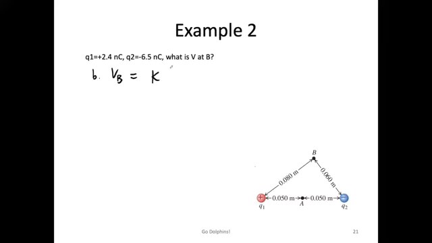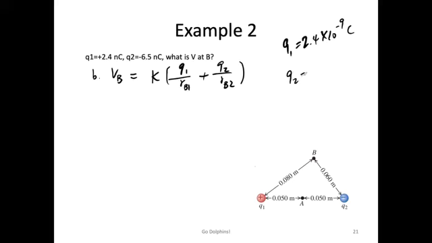Now I just need to do the same thing for VB. It is K Q1 over RB1 plus K Q2 over RB2, and then my Q1 is 2.4 times 10 to the negative 9 coulomb.